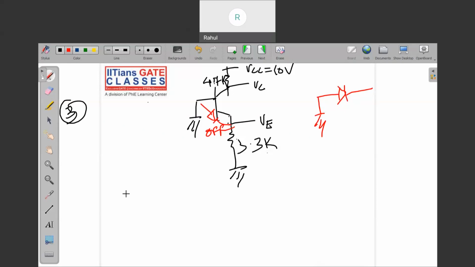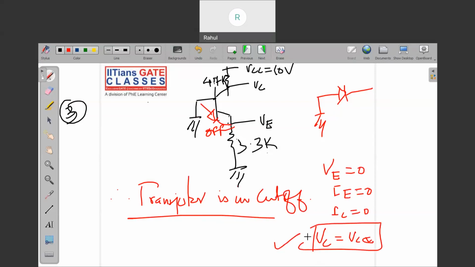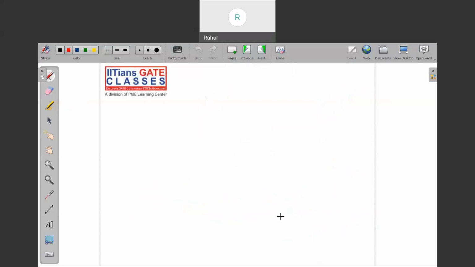Therefore the transistor is in cutoff, and your VE will be 0, IE will be 0, everything will be 0. Your IC will be 0, and your VC will be equal to VCC.